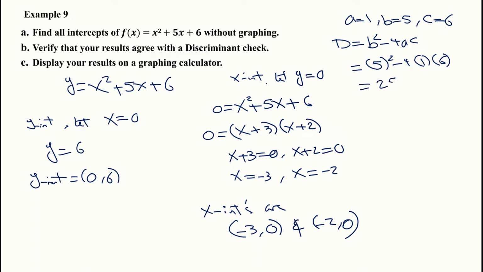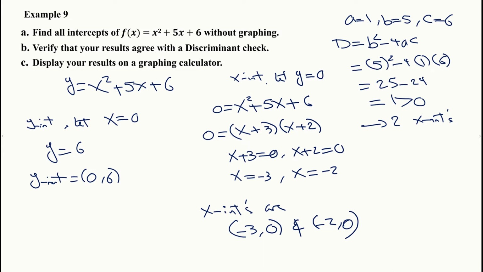So it's going to be 25 minus 24, which is 1, which is greater than 0. So therefore, we expect it to have what? 2 x-intercepts, right?